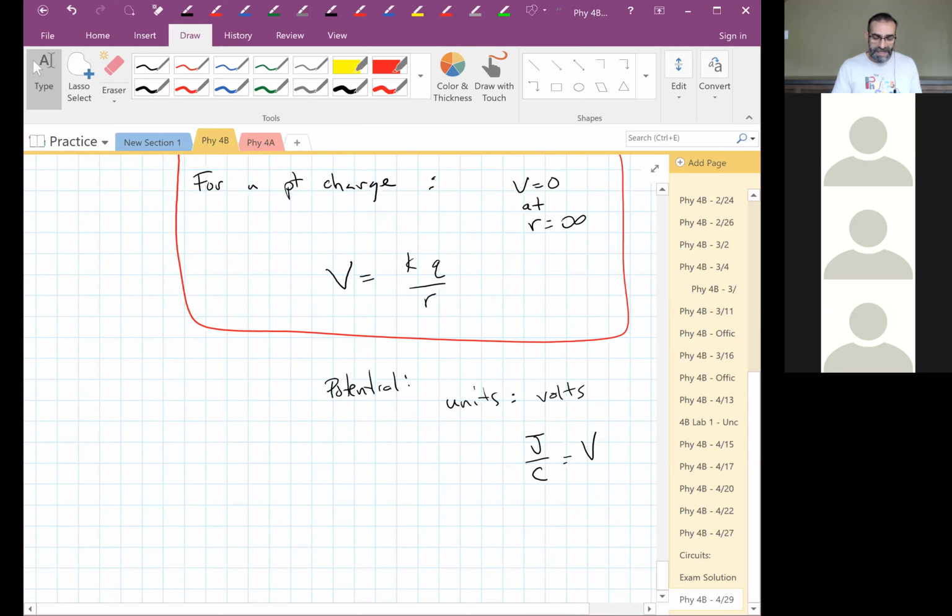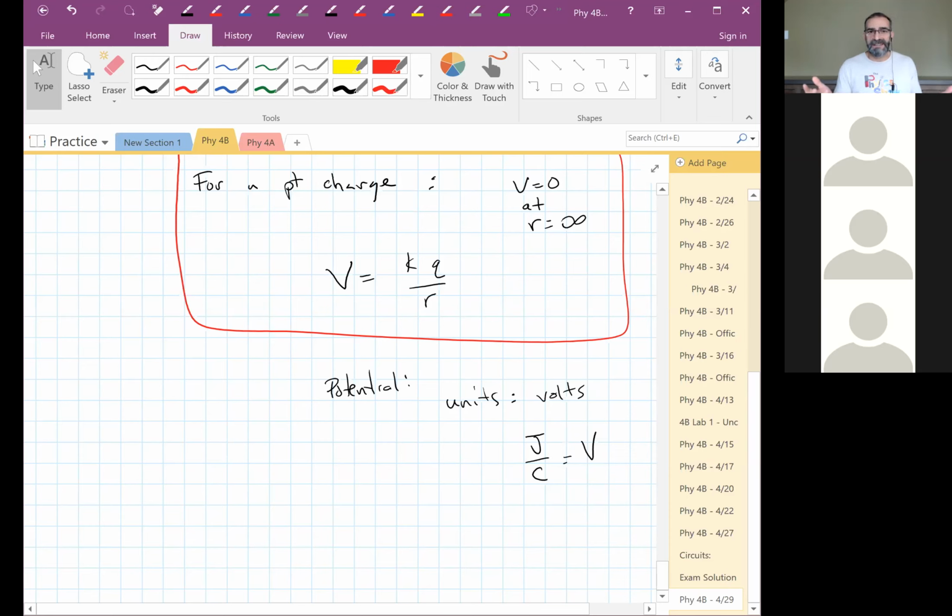But for some reason, we use volts and electric potential synonymously. So we often say, what's the voltage at this point? Or what voltage does the battery put out? And so we use the term voltage and volts as electric potential. Some physics instructors are really sticklers. They hate that.